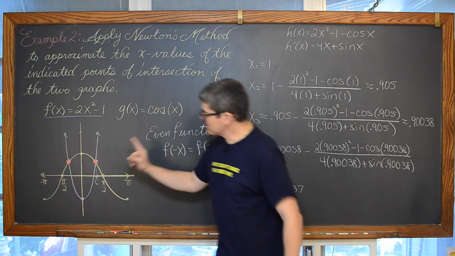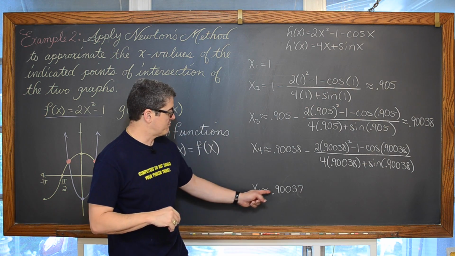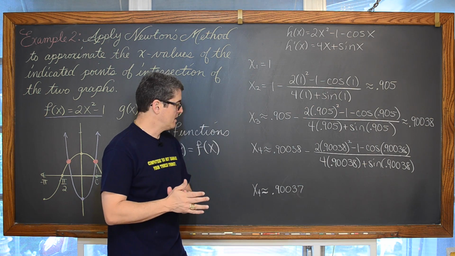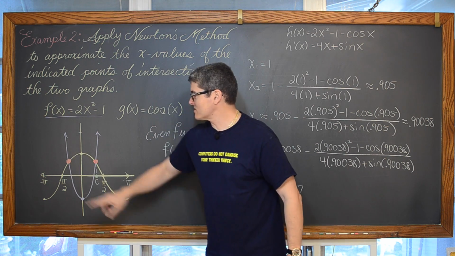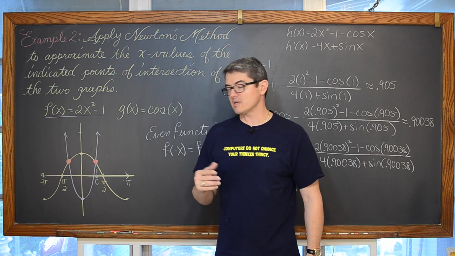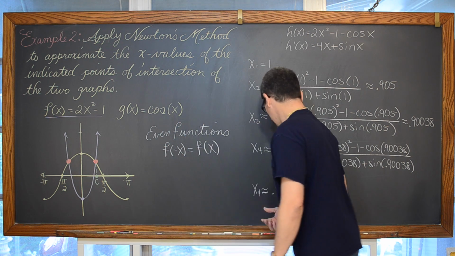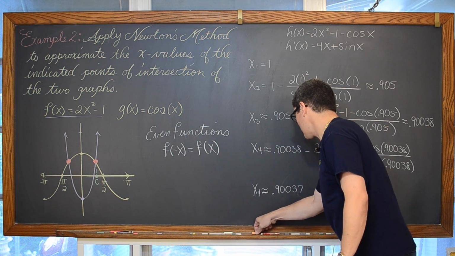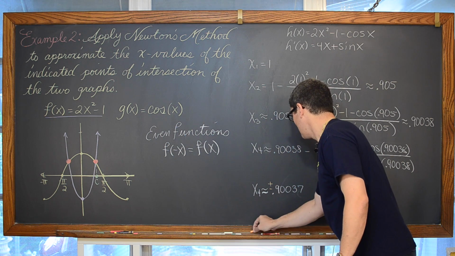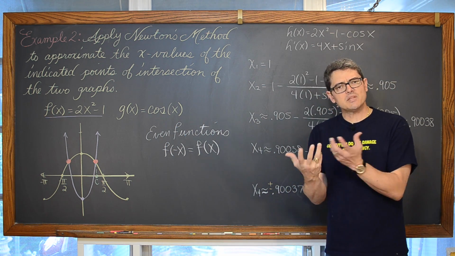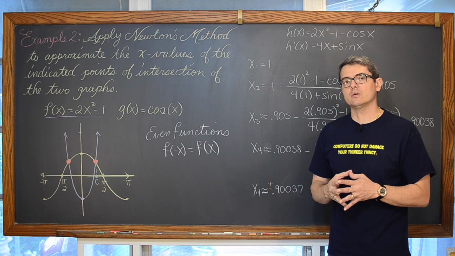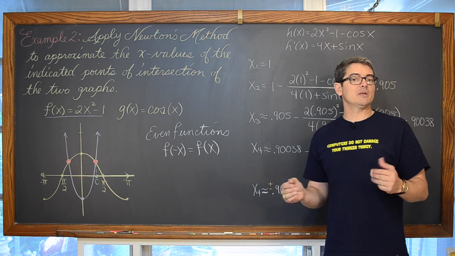So if this intersection point has an x-coordinate of approximately 0.90037, then this left intersection point is going to have the same value except negative. So our x values are basically plus or minus 0.90037.